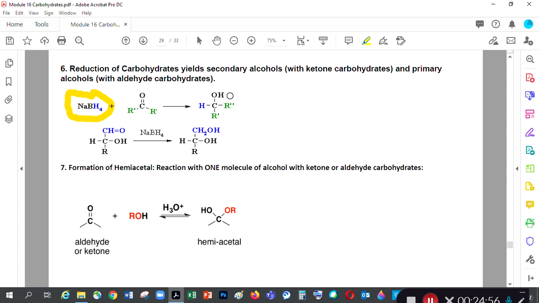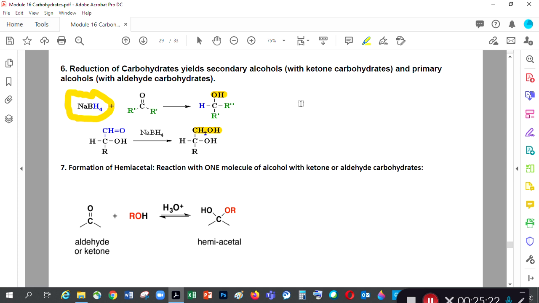And that's what we did in a normal ketone, correct? And if you get the aldehyde group, you get primary alcohol. So this is primary alcohol here, okay, and this is secondary alcohol.